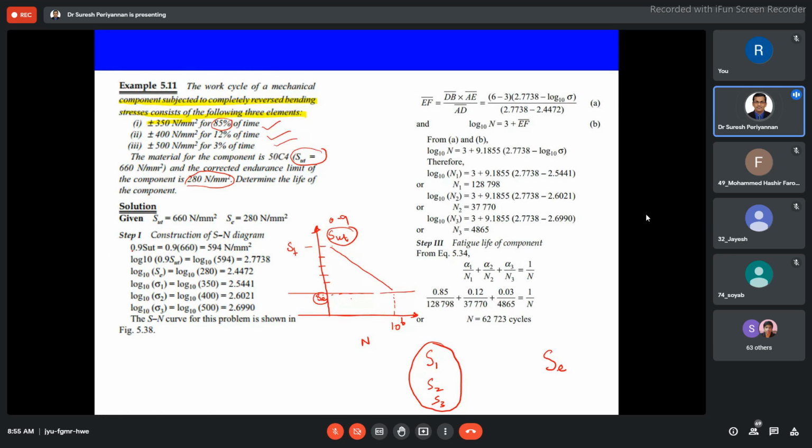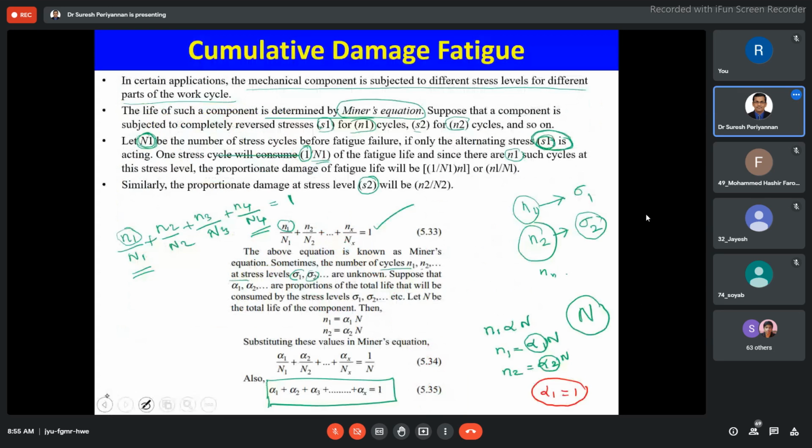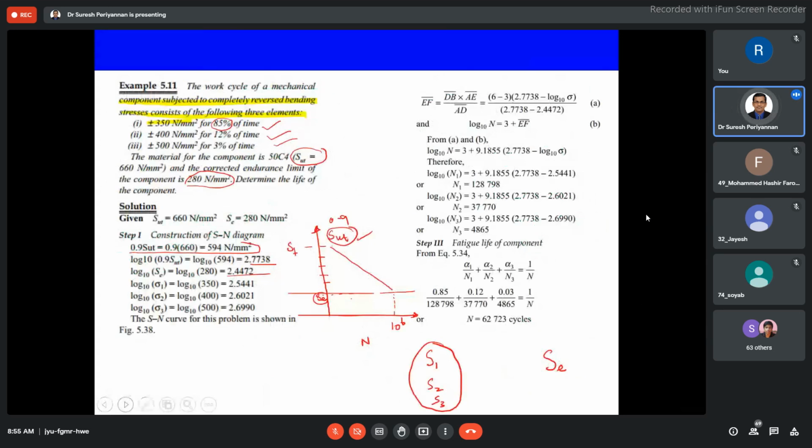Now I would like to convert to the log scale. This 0.9 into 660, our SUT ultimate strength, converted into log scale is 2.7738 on the ordinate y-axis. And Se, this is our standard endurance limit. Here they have given 280 Newton per mm square. When you are following this, the material is going to have infinite number of cycles, which is nothing but 10 to the power 6 cycles.